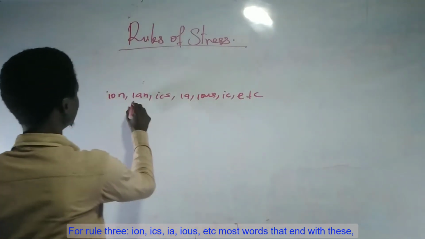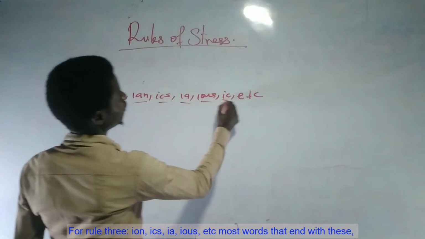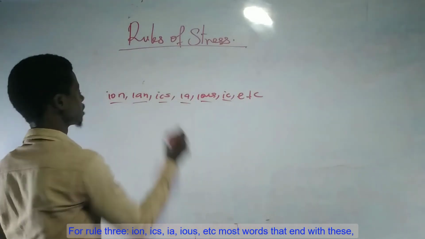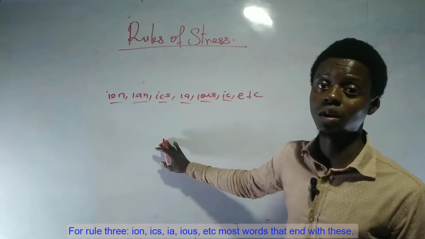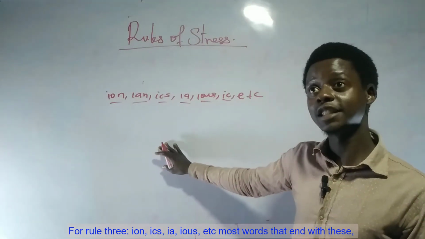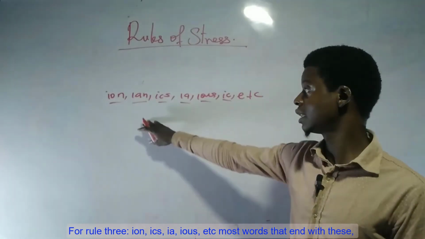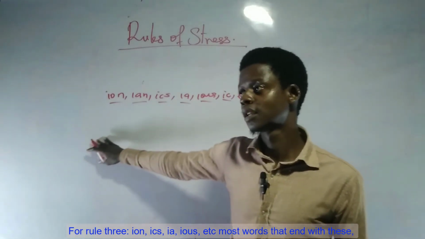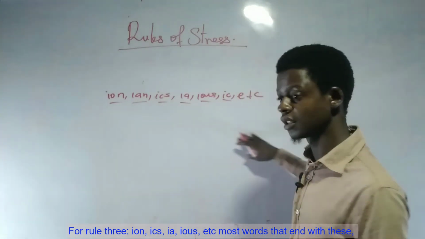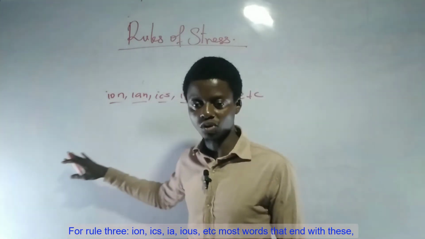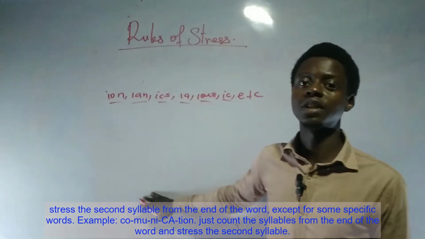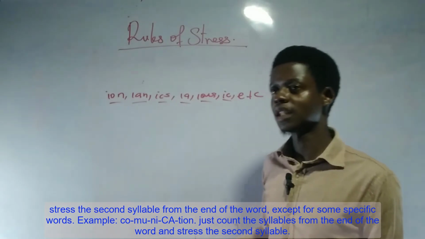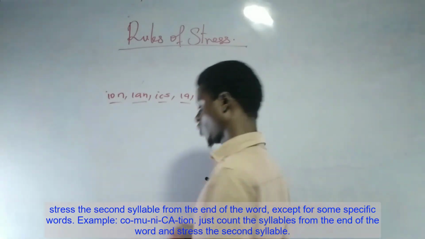So 1, 2, 3, 4, 5, and so on, 6. Any word that ends with this, most words, not any word, most, let's say 80% and above, except for some specific words, there are conditions to most of these rules. Those words are stressed from the second syllable, that means starting from the end of the word.